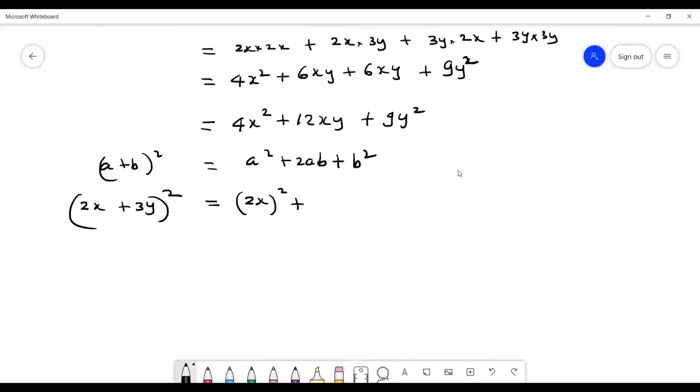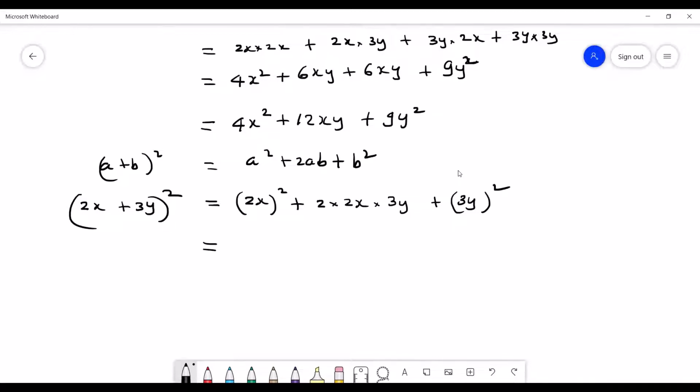So here it will become (2x) square. Then we have 2 into a, which means 2x, then into b, and b is standing as 3y. So b square will be (3y) whole square.